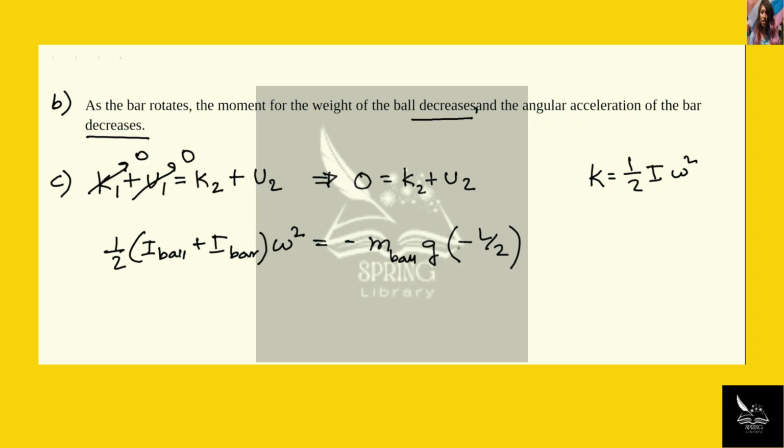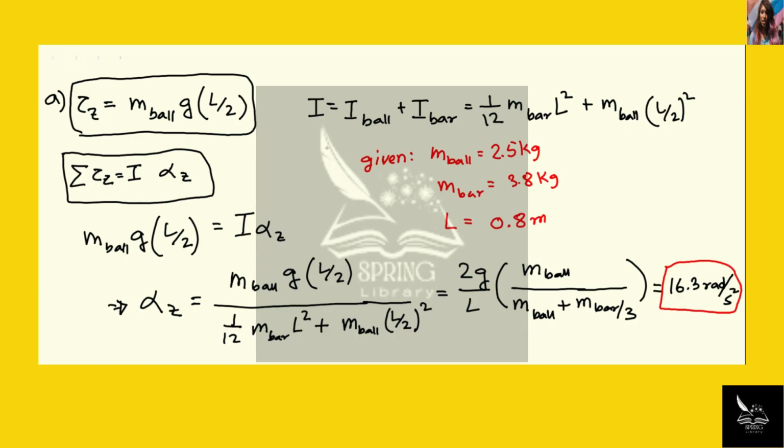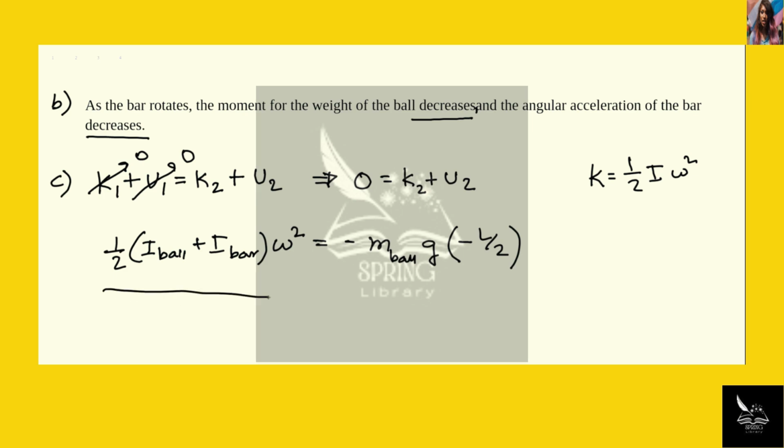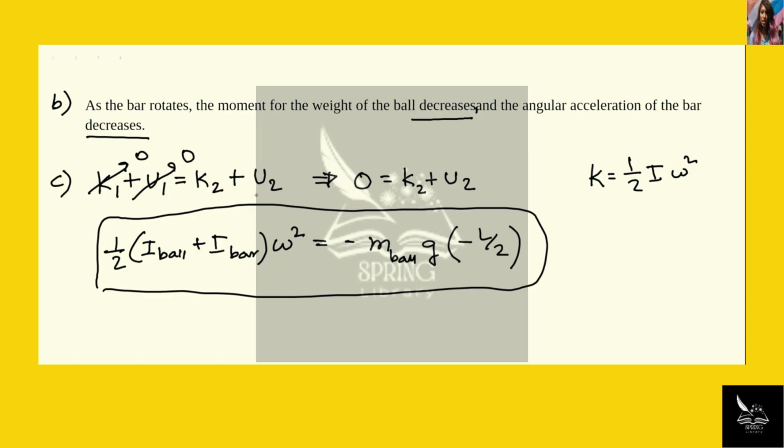Also, we have a negative sign over here as well, and the reason for that is mentioned here when we say that this is our origin, so y2 is negative. So this is the equation that we get, and we can solve for omega from there.